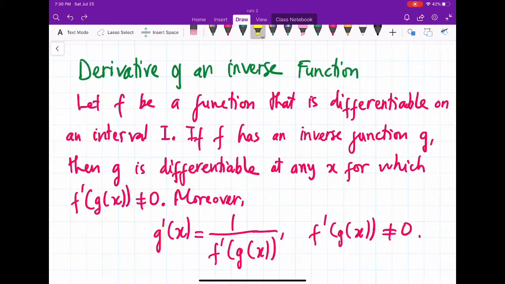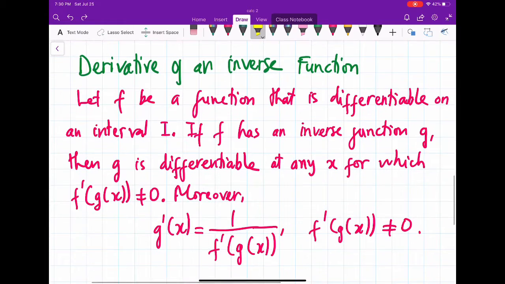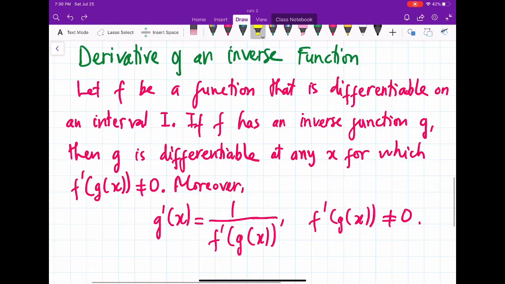Okay, now let's talk about the derivative of an inverse function. Suppose that the function f is differentiable on some interval I. What does it mean? That means the function f has a derivative at any point on the interval I. And suppose that f has an inverse function g, then the function g is also differentiable at any x for which the derivative of g is not 0.